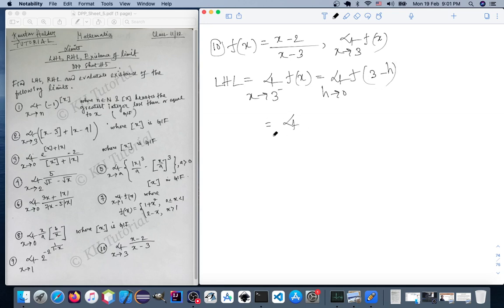This equals limit h tending to 0, 3 minus h minus 2, divided by 3 minus h minus 3. This equals limit h tending to 0, 1 minus h divided by minus h.